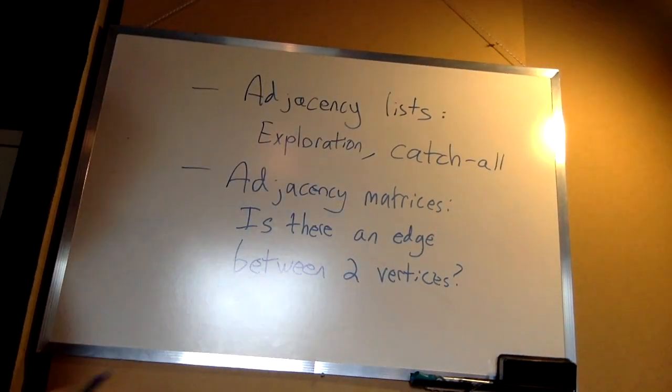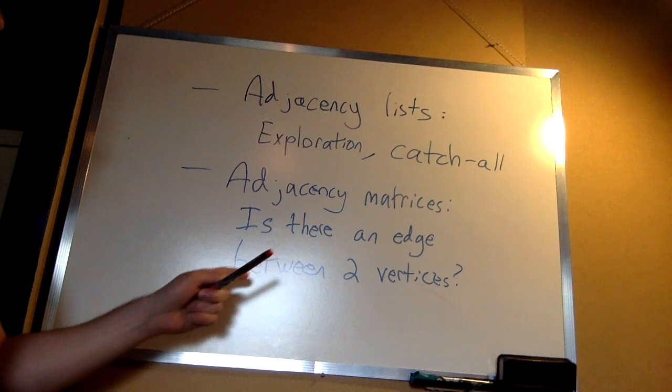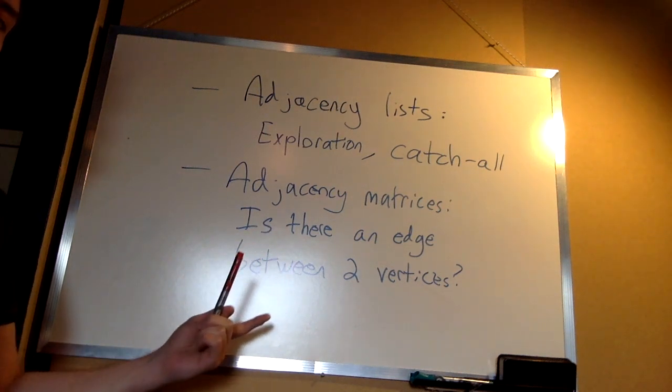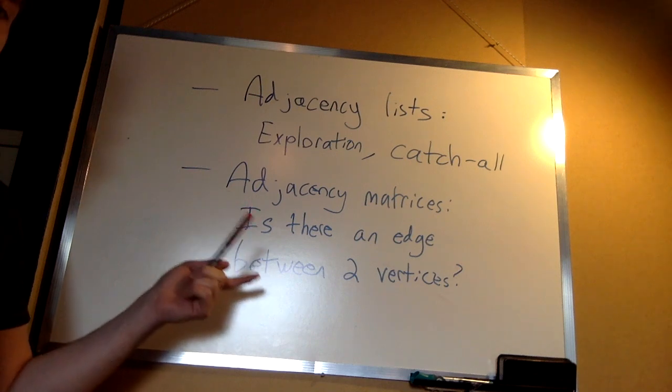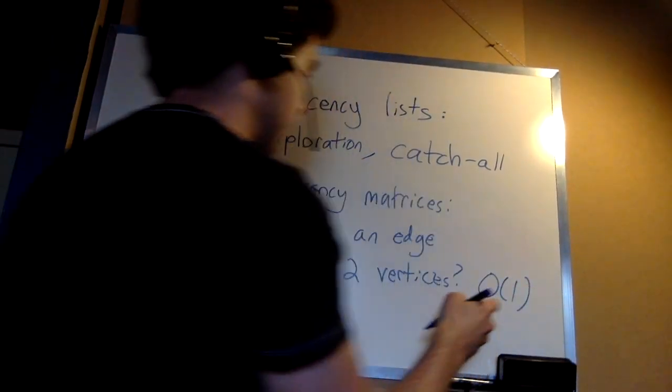So if we're looking to reduce the bottleneck of checking, is there an edge between two vertices, then the representation that is specifically designed to quickly check that seems ideal. And this happens in O(1) time, which I'll explain in a moment.